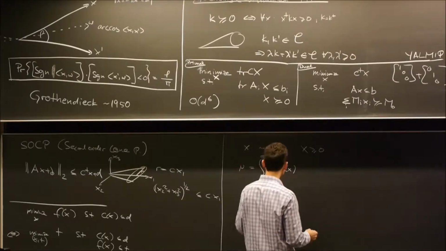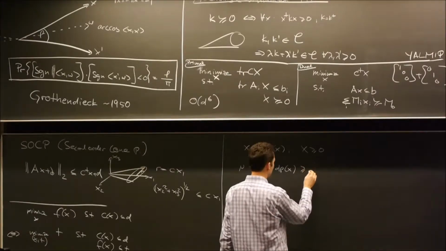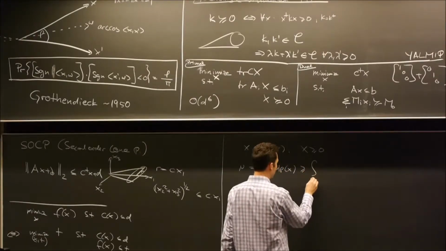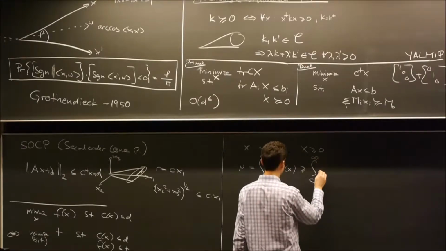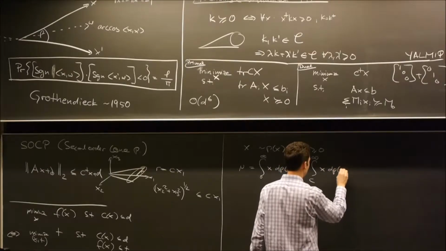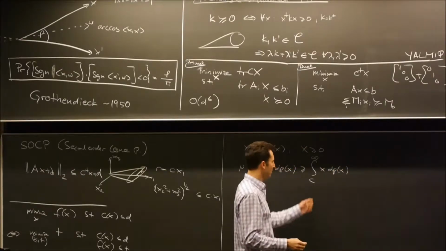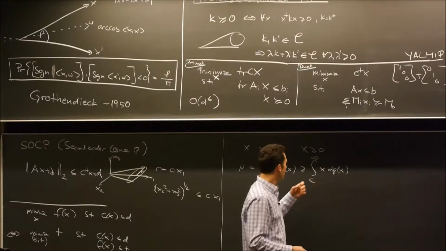So this is obviously greater or equal than the integral from some constant c up to infinity of x dp of x, right? This holds for any c greater or equal than 0, right?